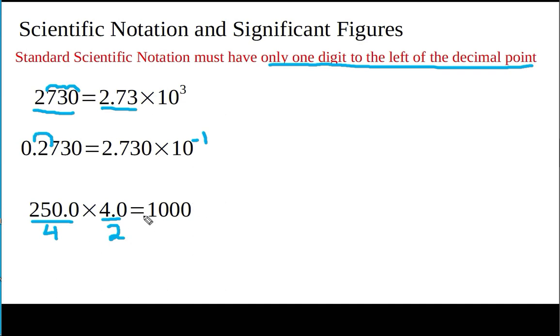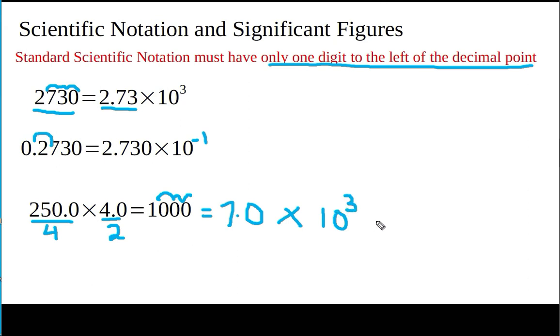As this stands, you can see that this has 1 significant figure, because it has zeros at the end, and these zeros are not counted as significant figures if we are dealing with whole numbers. So to get this to 2 significant figures, we use scientific notation. We have now 1.0, because we move 1, 2, 3, and then because we move 3 to the left, it will be 10 raised to 3.